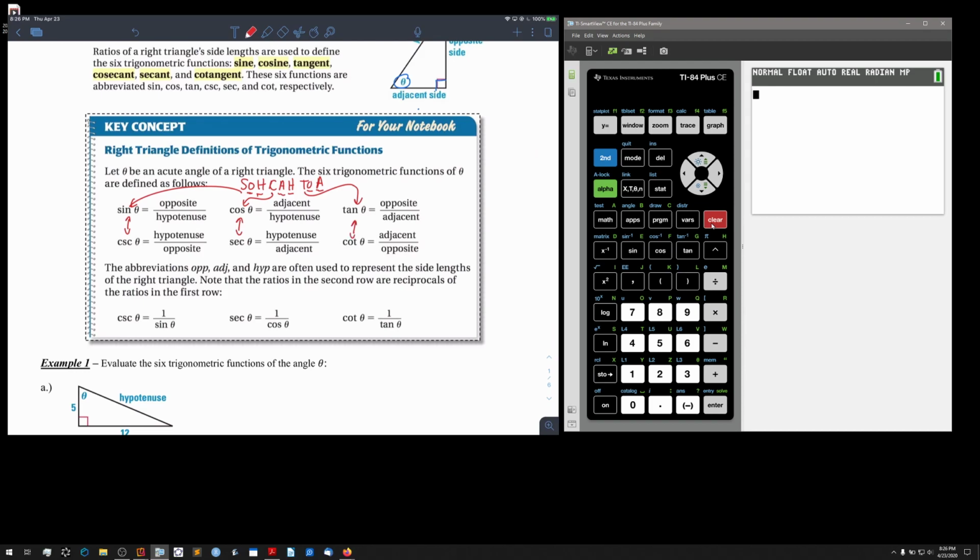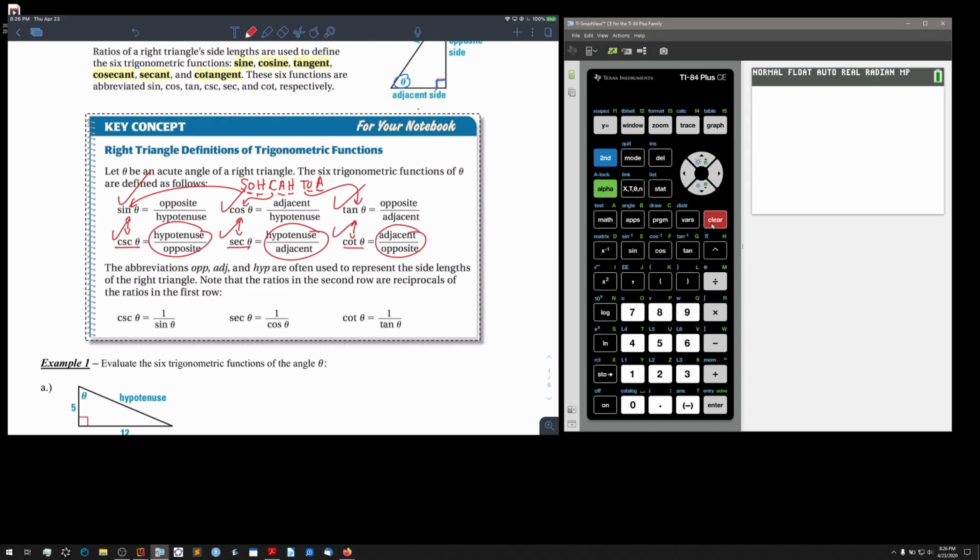So cosecant of theta is just the reciprocal of sine theta, secant theta is the reciprocal of cosine theta, and cotangent theta is the reciprocal of tangent theta. So those go together. If you know sine, then you really know cosecant. If you know cosine, then you know secant. And if you know tangent, you know cotangent.